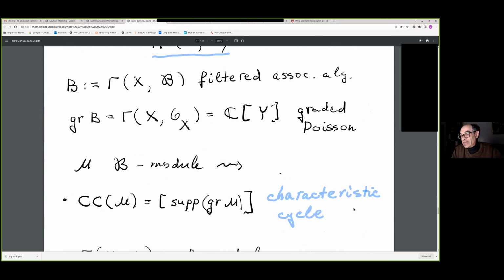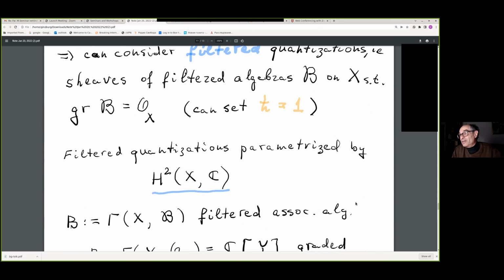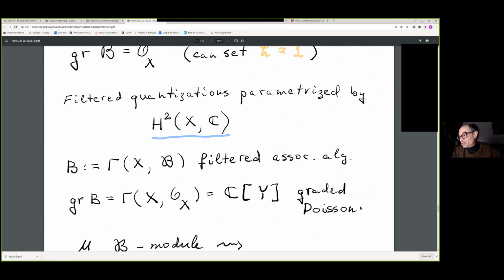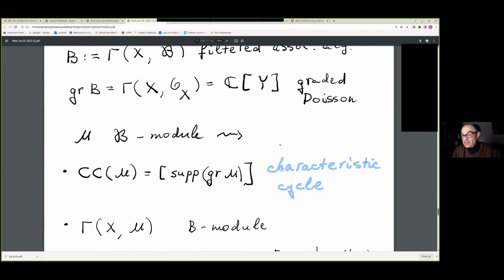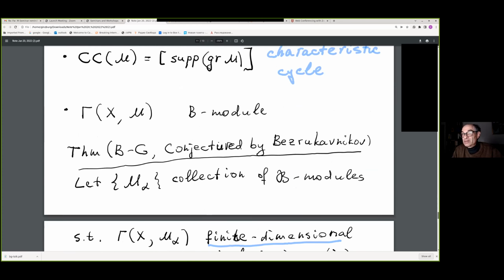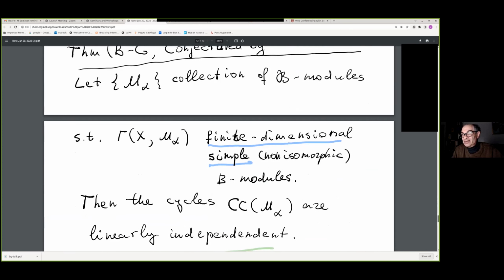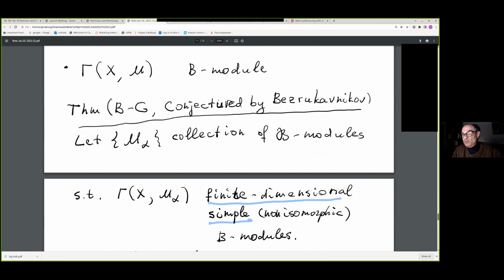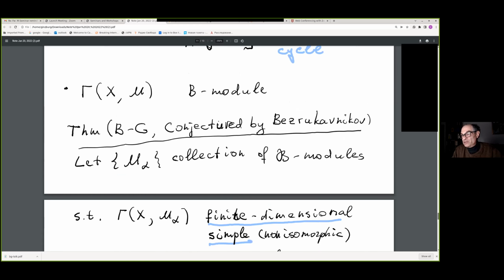And so the characteristic cycle, in my case, yes. An important thing is that if you require that the module of global sections is finite dimensional, it's equivalent to requiring that the support of my sheaf sits on the 0 fiber. It needs to be proved, but it's a fact.